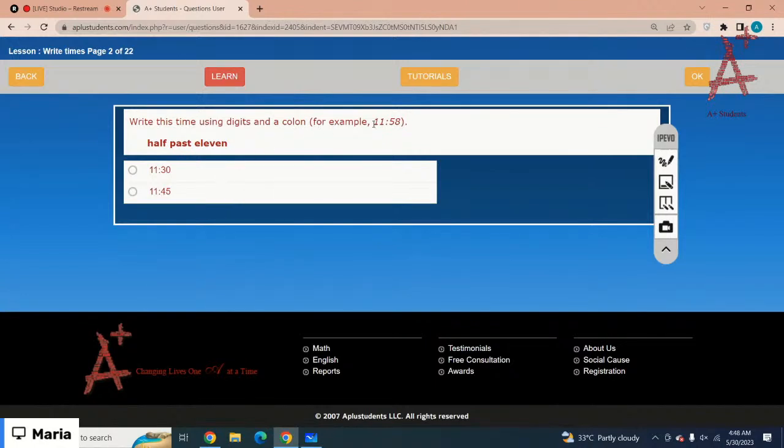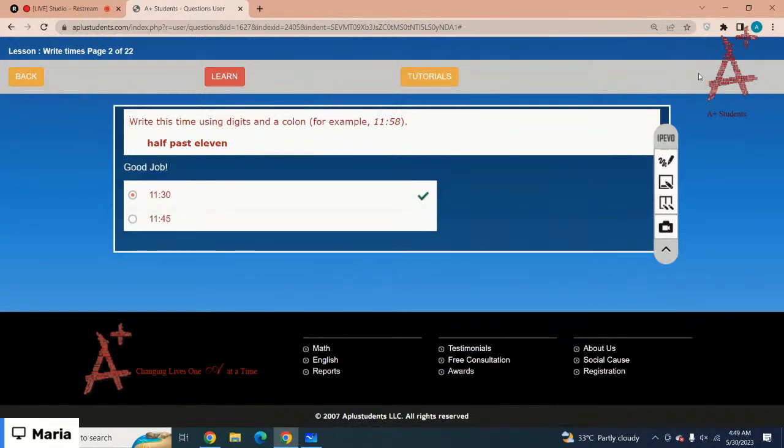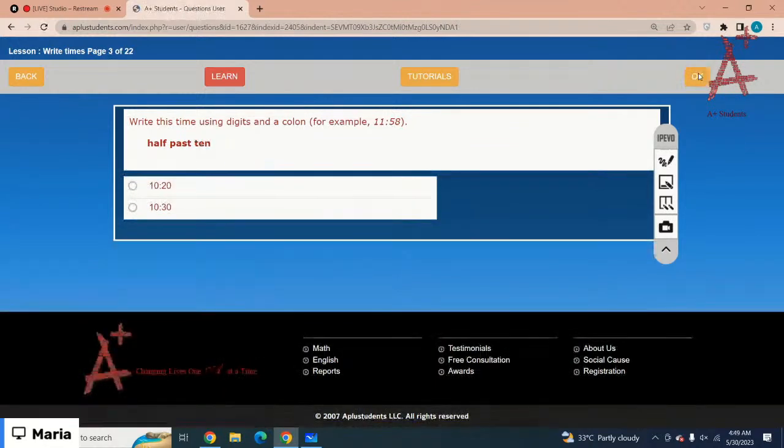Write the time using digits and a colon: 11:30. So which is the correct option? Yes, that would be 11:30. Very good. Okay, the next one is 10:30. Which is the correct option?